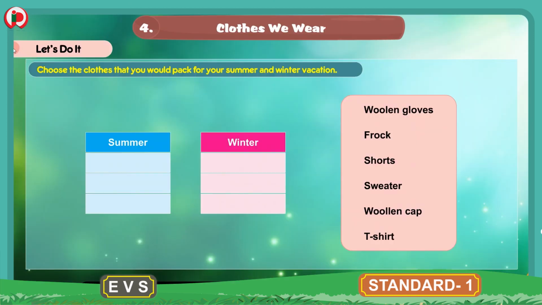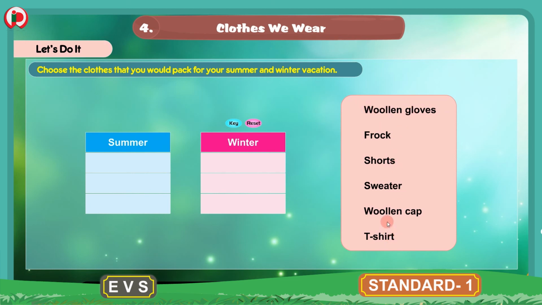The next section here is, let's do it. Choose the clothes that you would pack for your summer and winter vacation. Children, here in this box we are given some names of the clothes.